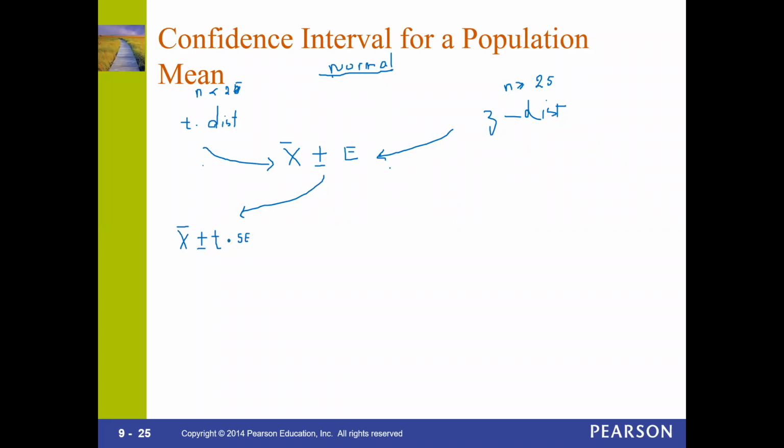If it's the z distribution, then it's X bar plus or minus some z value times the standard error.